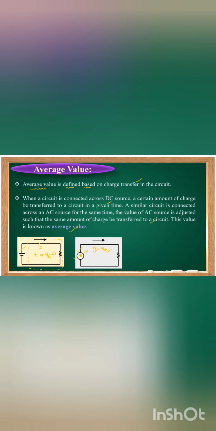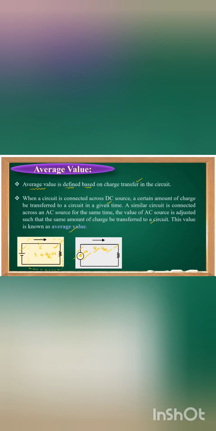This is the fundamental definition of average value. We are not changing the circuit. This circuit and this circuit are the same. First, I connected a DC source, and whenever a DC source is connected, some charge is transferred. Now, the same circuit I connected across an AC source. You have to adjust this AC source in such a way that Q equal to QDC.